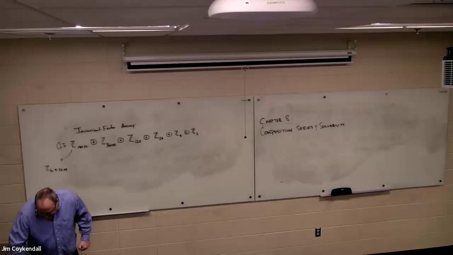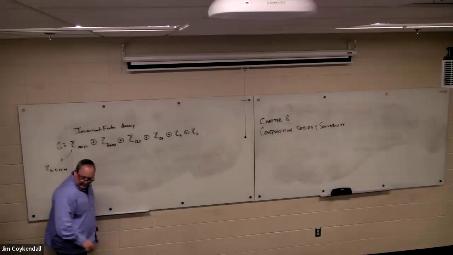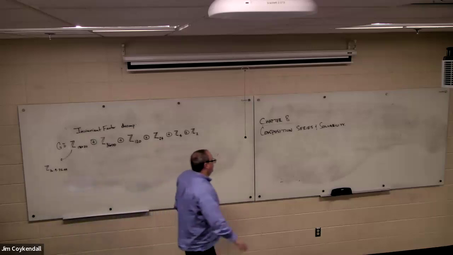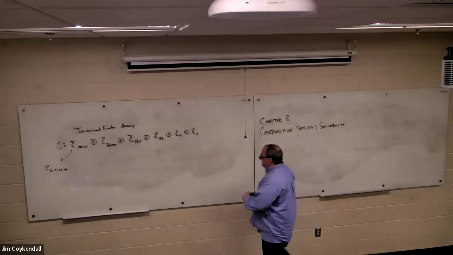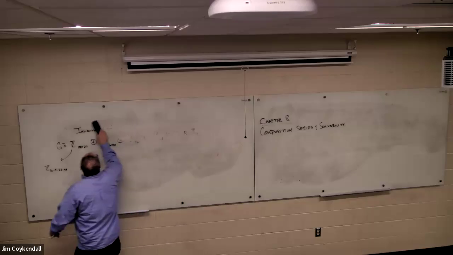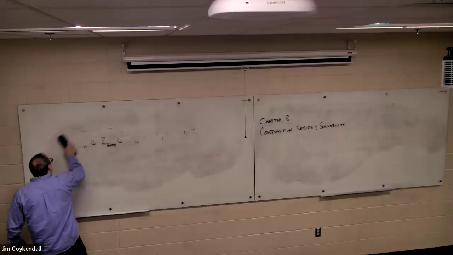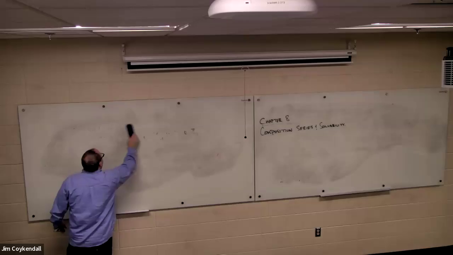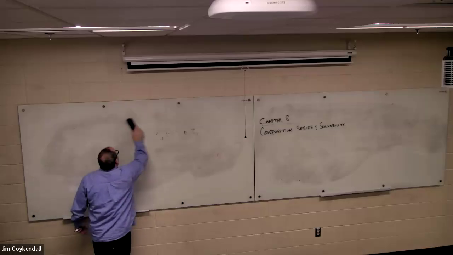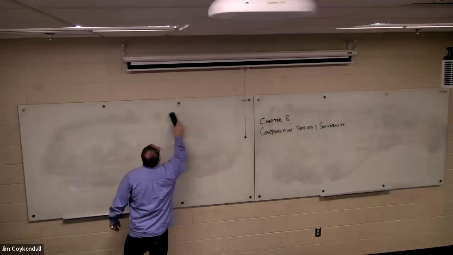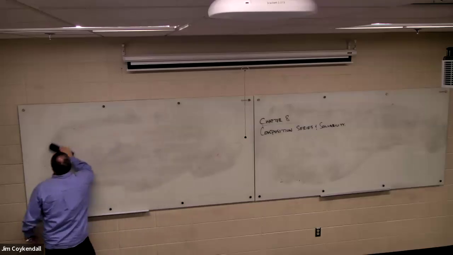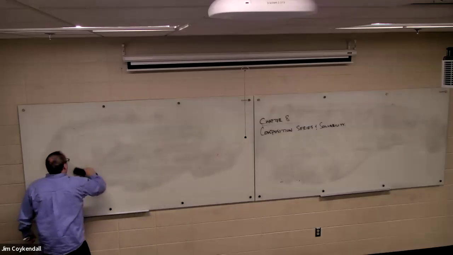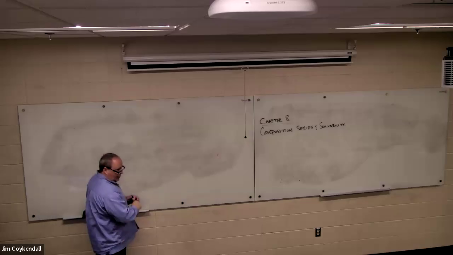Well, we'll get our heads wrapped around this. One of the main reasons that I talk about this section is that it's the motivation for studying the classification of groups.